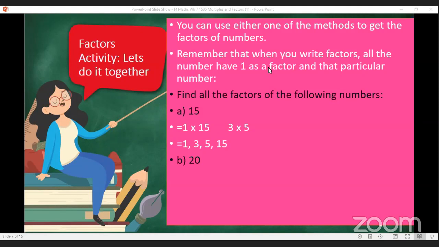Yes, 1 times 20, and then 10 times 2 or 2 times 10, yes, you are right. And 4 times 5. And 4 times 5, yes.